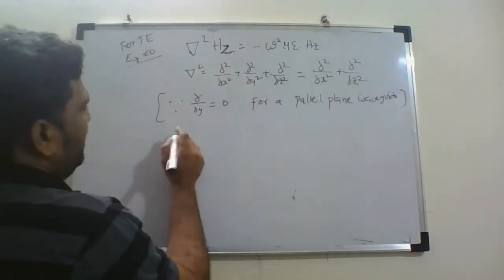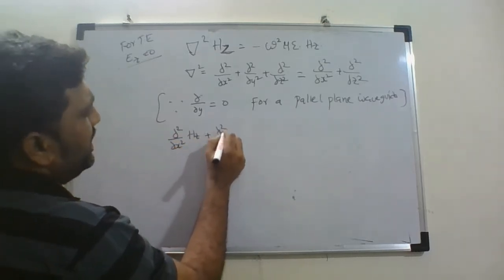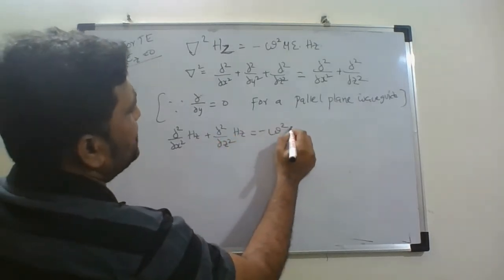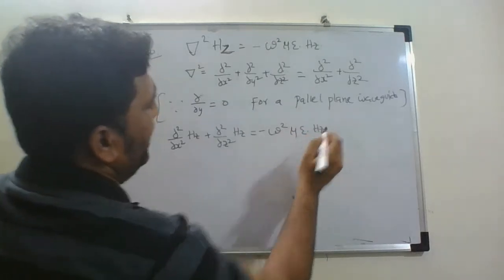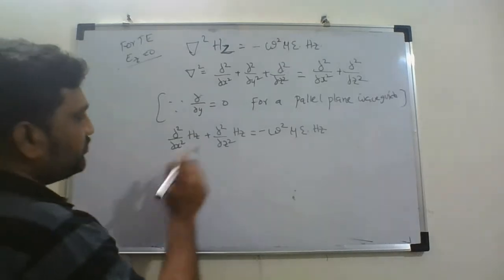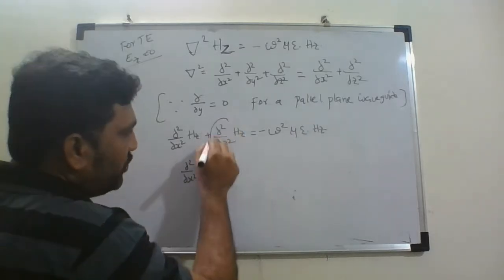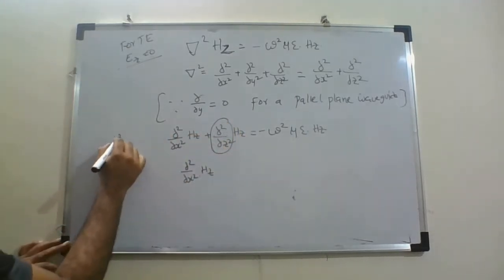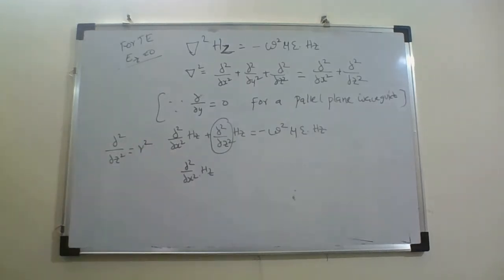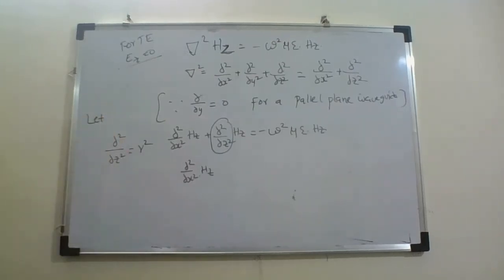Now substituting it here, we get dou square by dou x square of Hz plus dou square by dou z square of Hz is equal to minus omega square mu epsilon Hz. Now let dou square by dou z square be equal to gamma square.